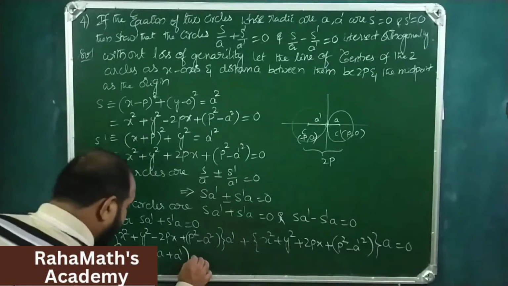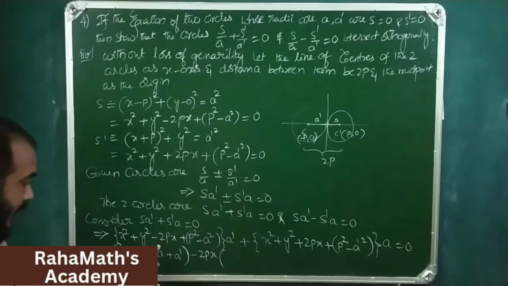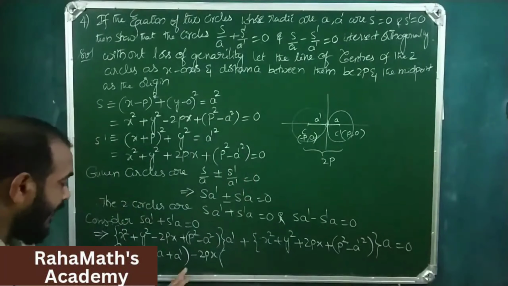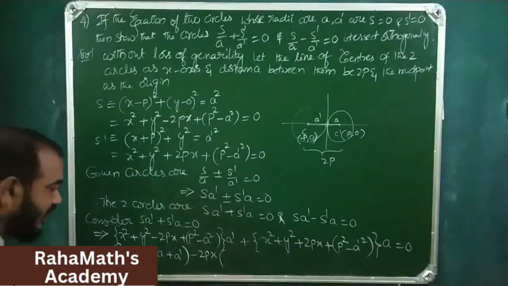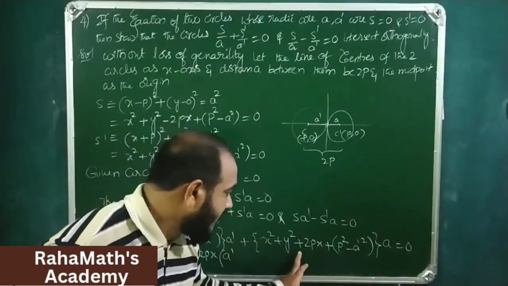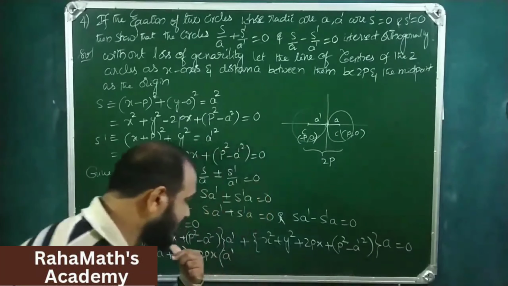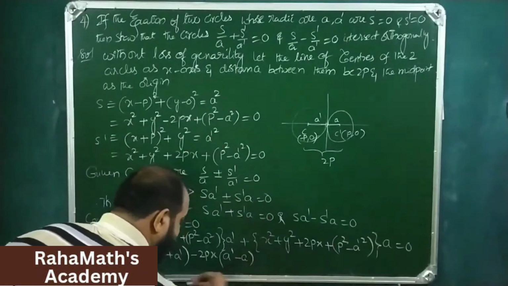If I take minus 2px as common, then I will be getting here a dash, and as minus has been taken common from 2px a, I am left with minus a.